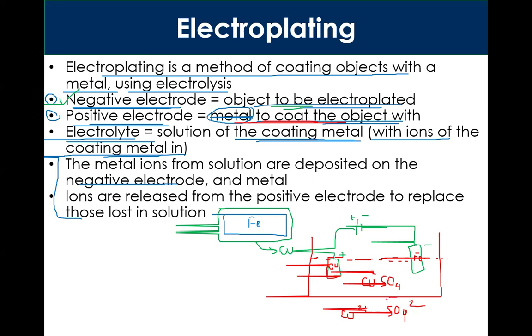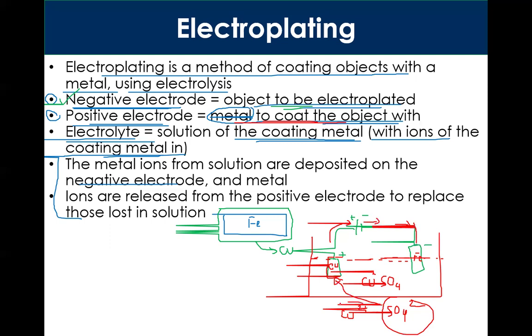Now, sulfate ions are negative ions, so what will happen to them? They'll be attracted to this positive electrode and they will lose their electrons. These electrons will travel all the way across the wire and be given to this electrode.